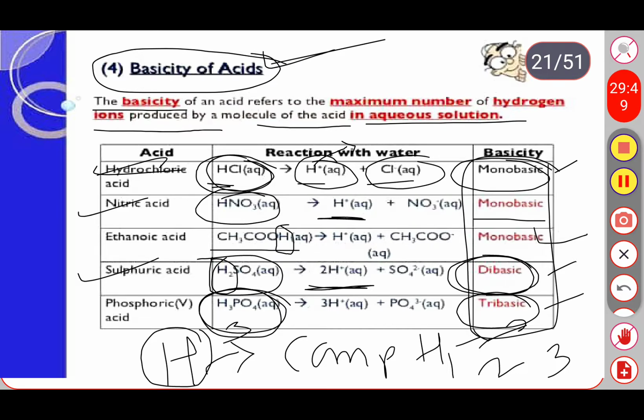If one hydrogen atom is present, we call it a monobasic acid. Two hydrogen atoms, dibasic acid. Three hydrogen atoms, tribasic acid.